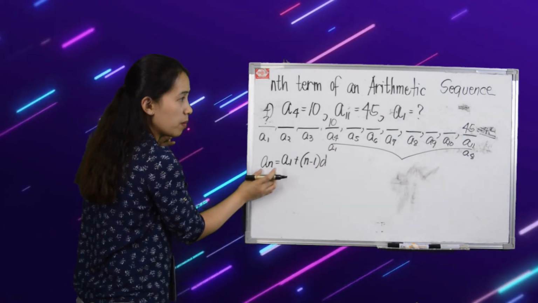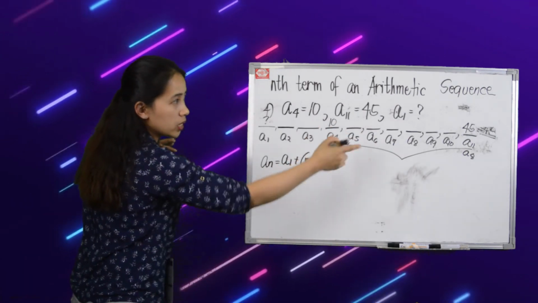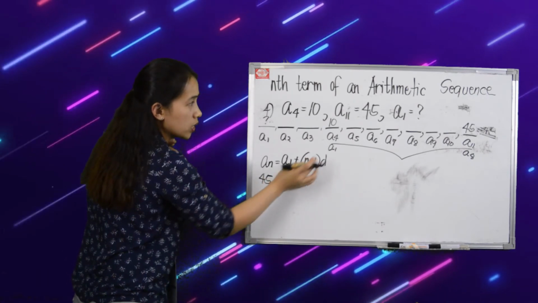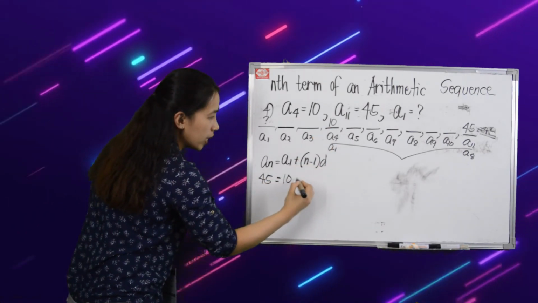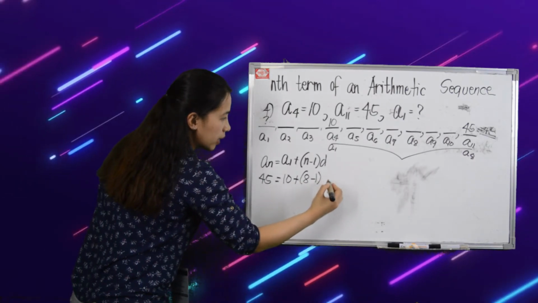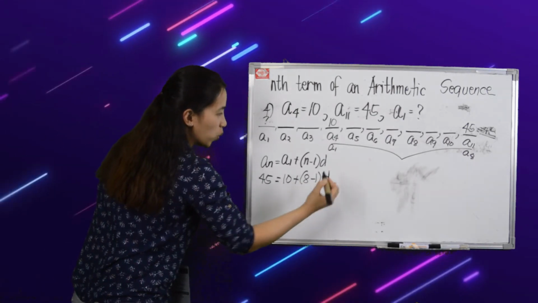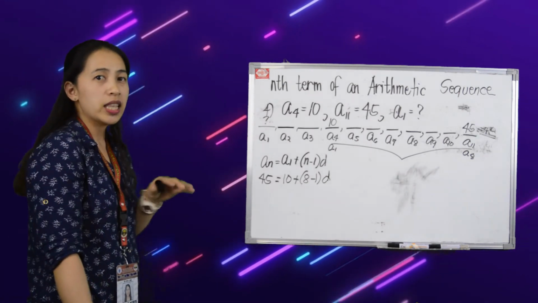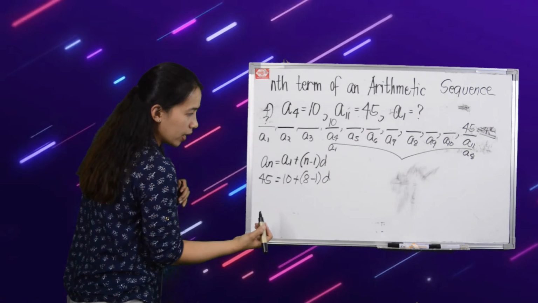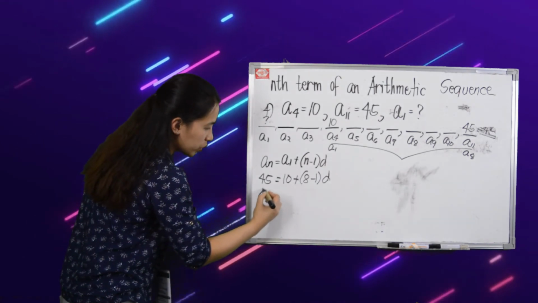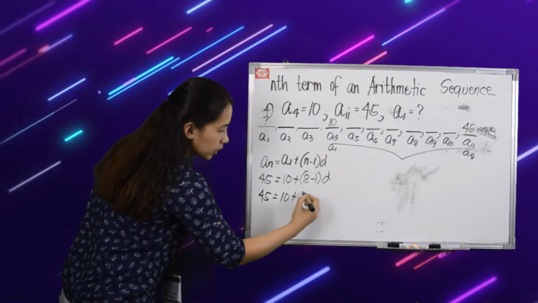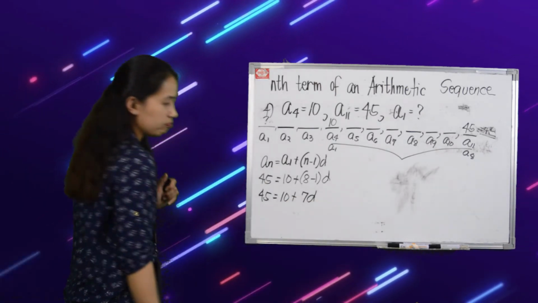So our a sub n will be a sub 8, which is 45, is equal to a sub 1, which is 10, plus 8 minus 1 times d, which is unknown, the common difference. That is what we're going to find first. Simplify. This one will become 45 is equal to 10 plus 7d.